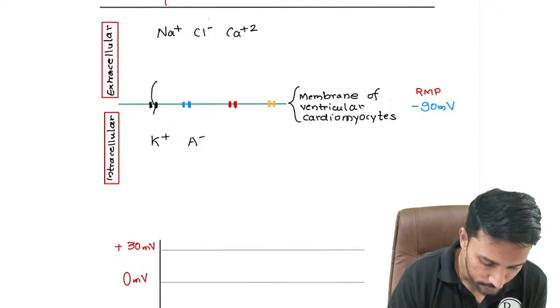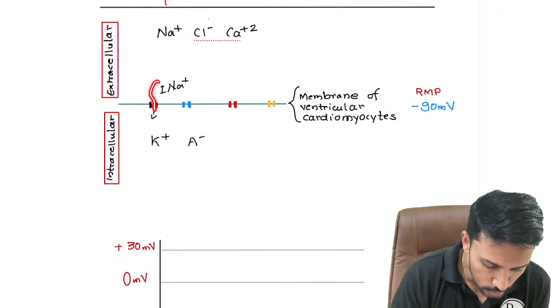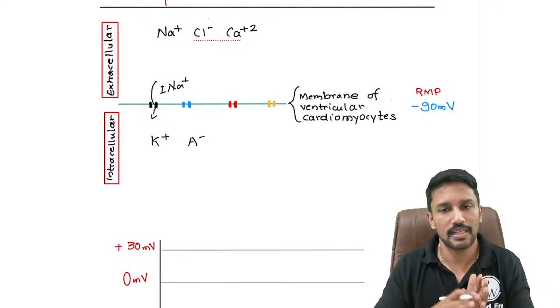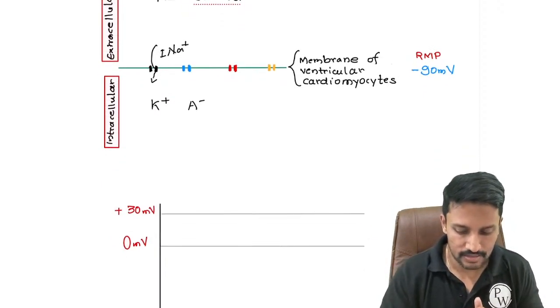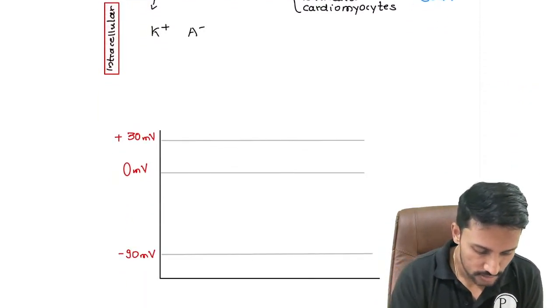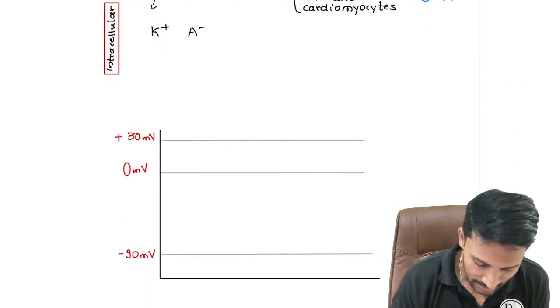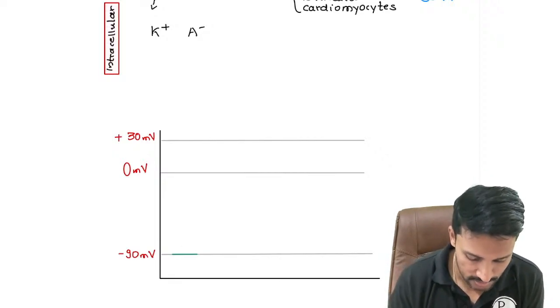So when the sodium channels bring sodium into the cell, the cell starts getting depolarized. This depolarization will increase the membrane potential, right? So from what was the resting membrane potential of minus 90 millivolts, this is where my resting membrane potential was.